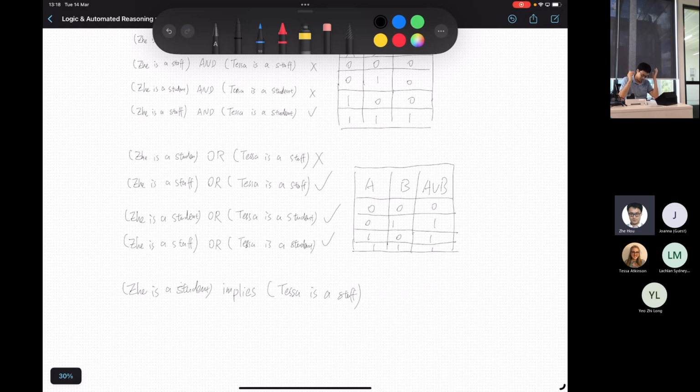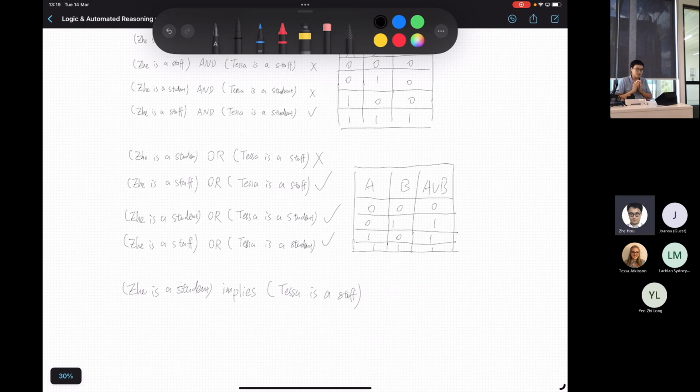But from a logical language point of view, the left-hand side is a statement, the right-hand side is a statement, so we can connect them with an implication operator. The left-hand side is false, the right-hand side is still false. Then what's the truth value of the implication?